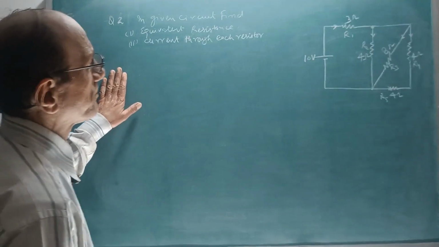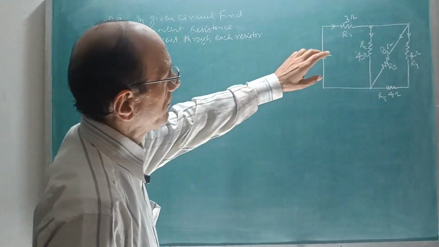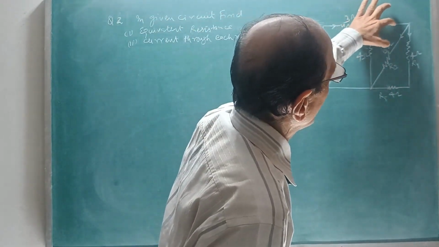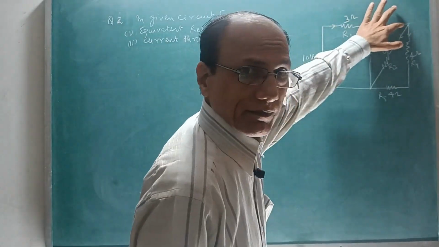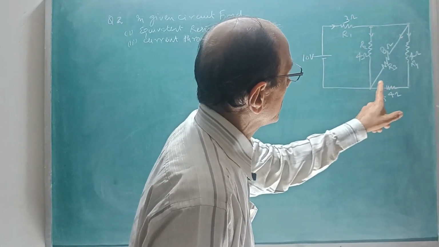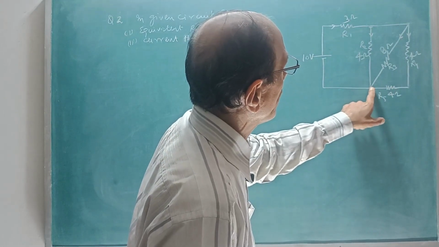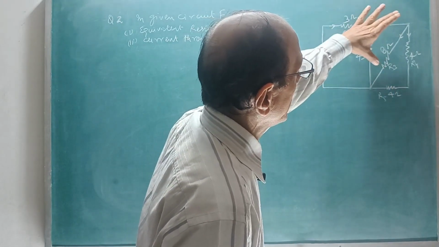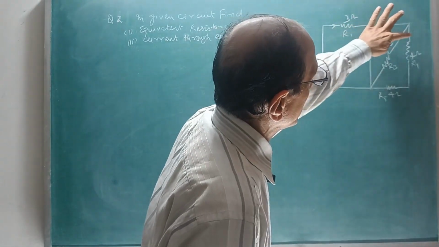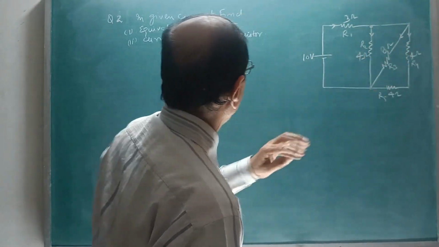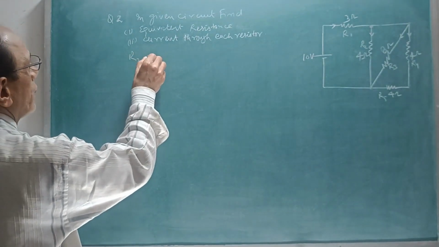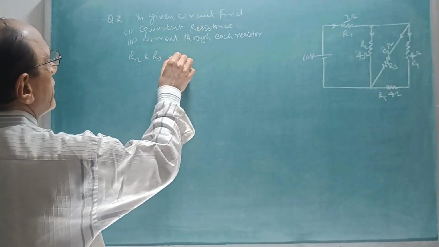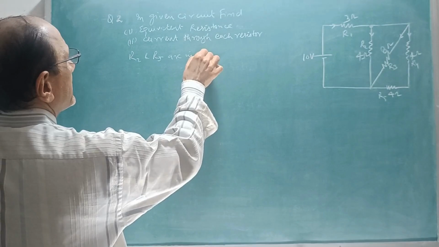So here we have these all points same, and this point again same. So these two, R4 and R5, are in series.